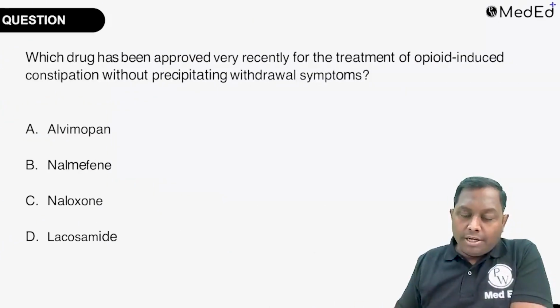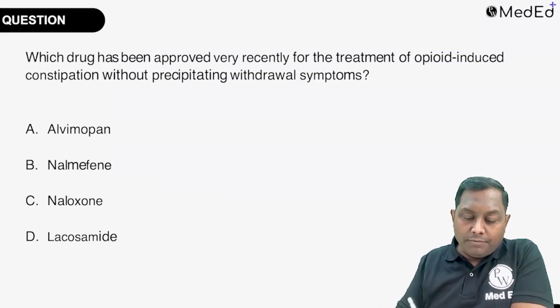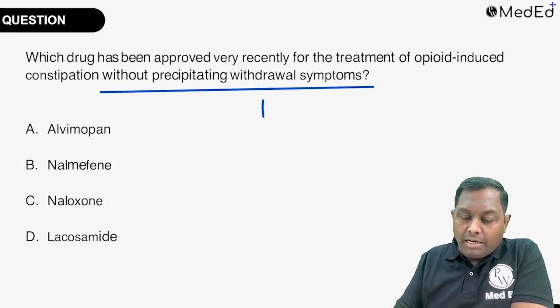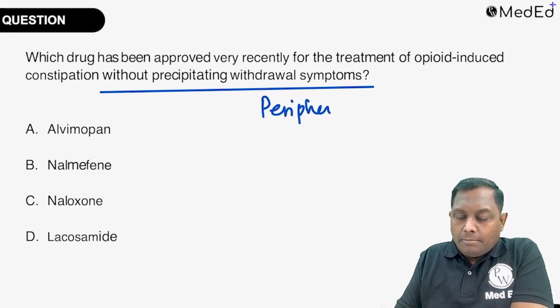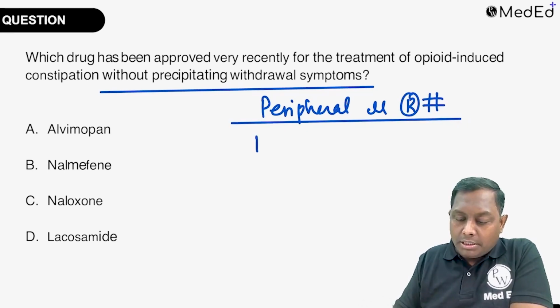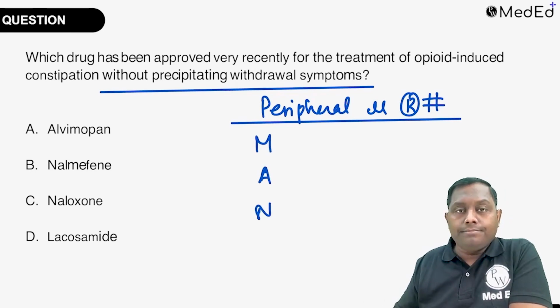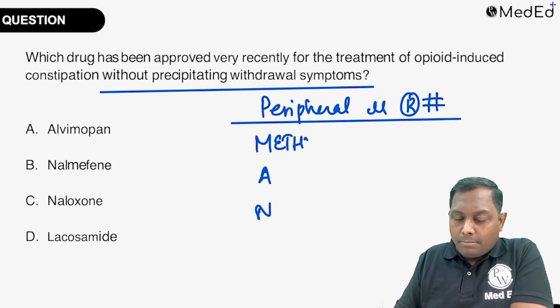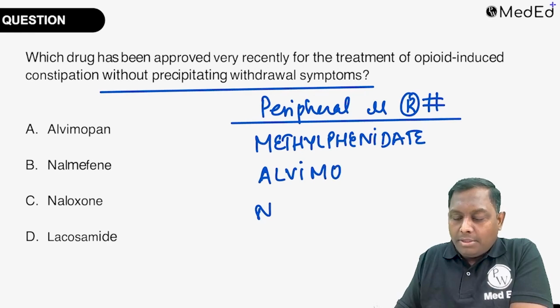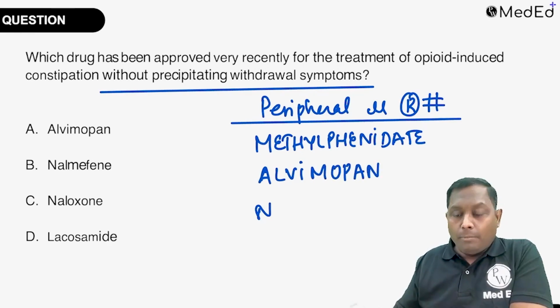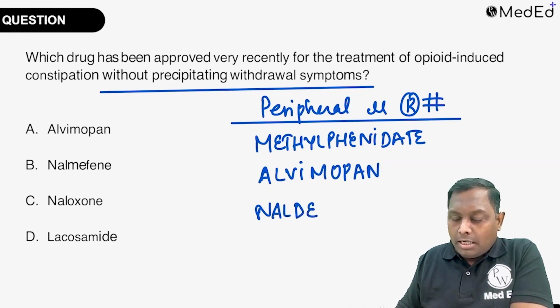Which drug has been approved very recently for the treatment of opioid-induced constipation without precipitating withdrawal symptoms? We have a class of drugs called peripherally acting mu-opioid receptor antagonists. The drugs under this are going to be MAN, which stands for methylnaltrexone, naloxegol, and naldemedine.